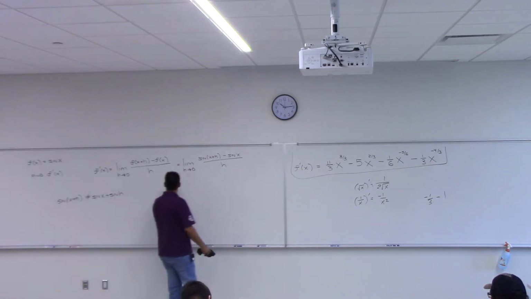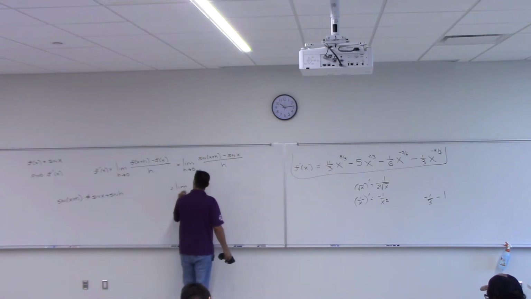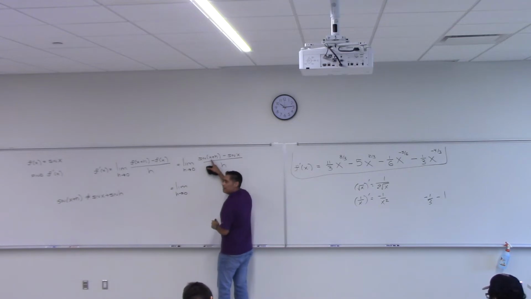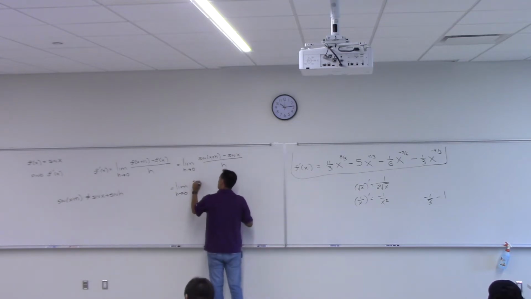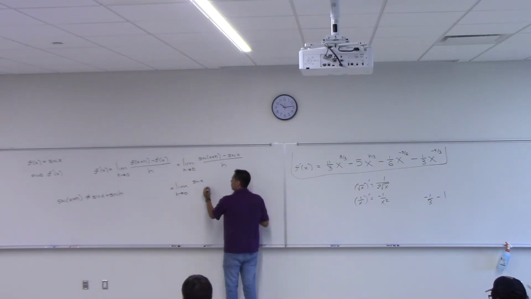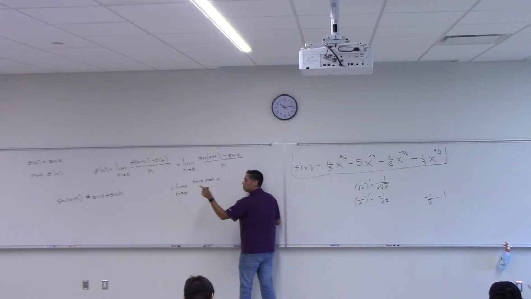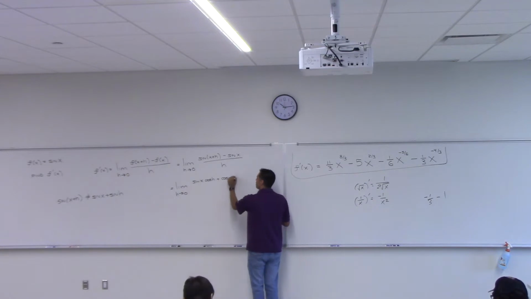So this is going to become limit as h goes to 0. Okay, this is going to become, you tell me, sine x what? Cosine h plus cosine x sine y, but we're using h, right?